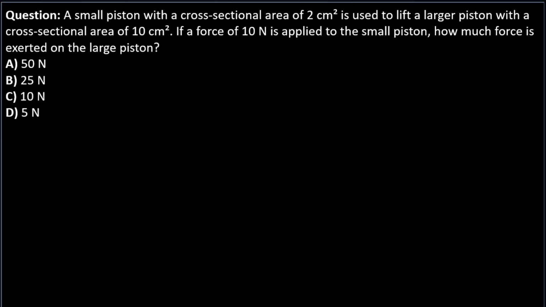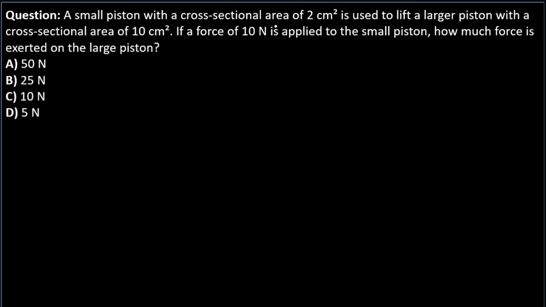So now come to another problem. A small piston with a cross-sectional area of 2 centimeters square is used to lift a larger piston with a cross-sectional area of 10 centimeters square. If a force of 10 Newton is applied to the small piston, how much force is exerted on the large piston?